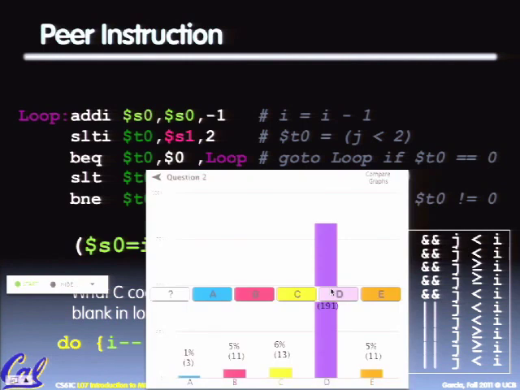B, 5, is 5 the right unit? Maybe I'll just try it. 5 less than T less than or equal to 10. C, 10 to 15. D, 15 to 20. E, okay, shh.